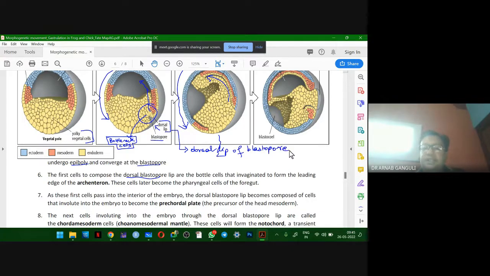It is known as the Spemann organizer. This is an inducer organizer. It has got certain things. It will induce the neighboring cells to form a particular organ.